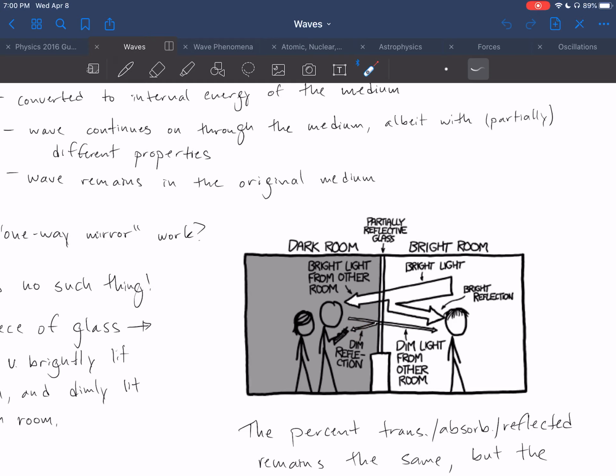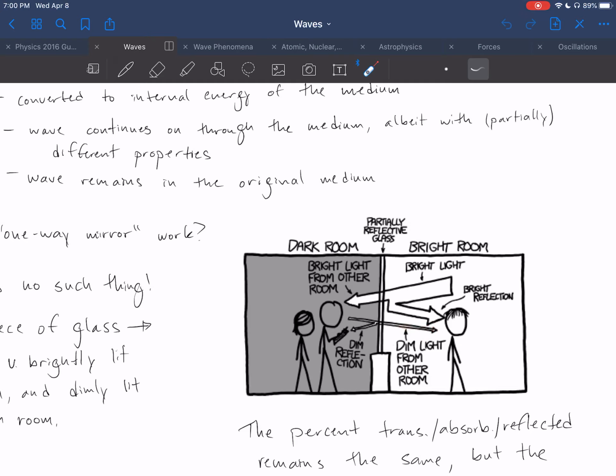However, if you consider the brightly lit room, because it is so bright, even if only a portion of the original light is reflected, that reflected light is way more intense than the dim light being transmitted.